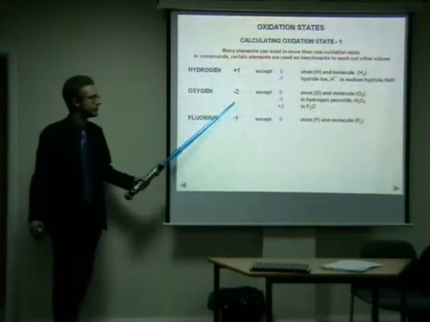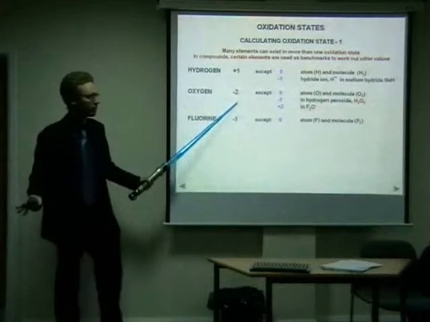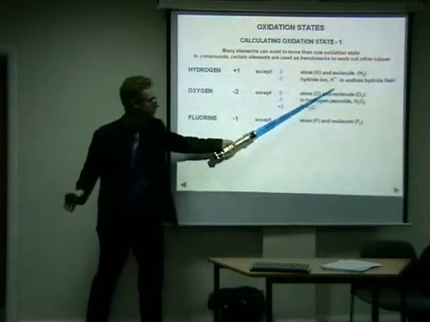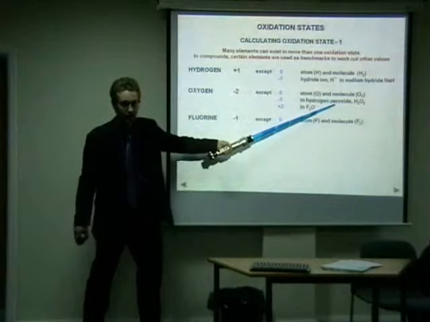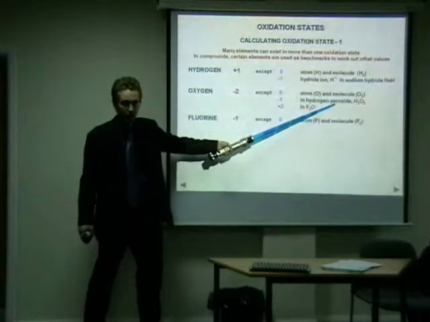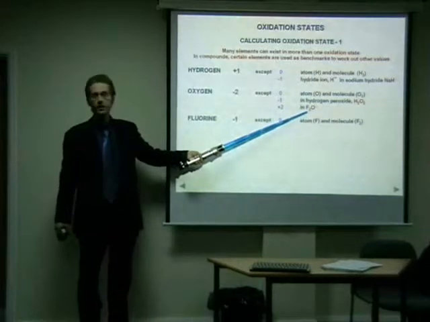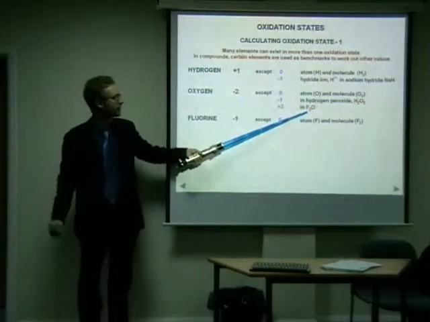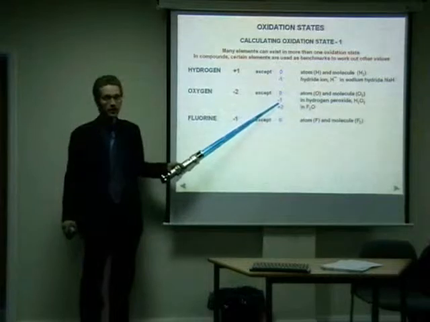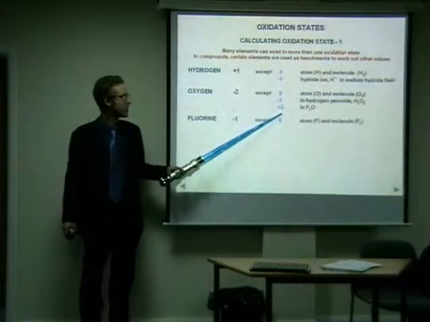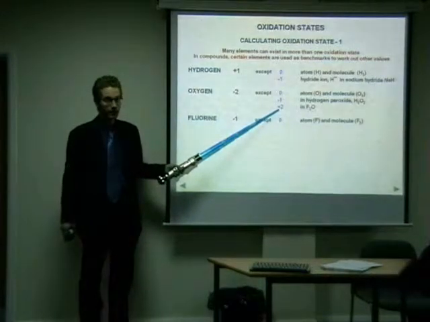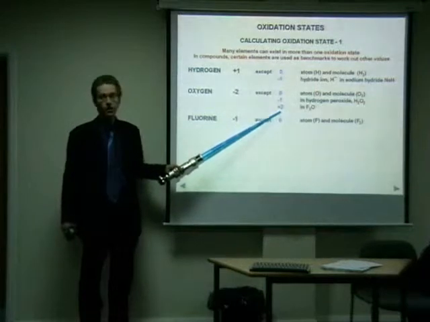Oxygen is always -2, apart from when it's an element, or when it's in a peroxide, such as H2O2, or when it's combined with fluorine. I said that earlier, didn't I? So when it's in a peroxide, it's -1, and when it's in a fluoride like that, then it's +2.